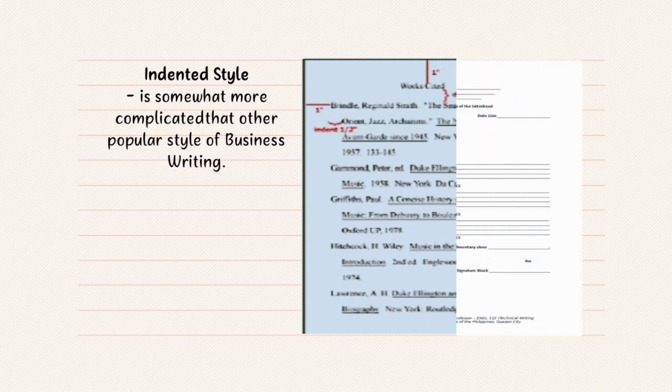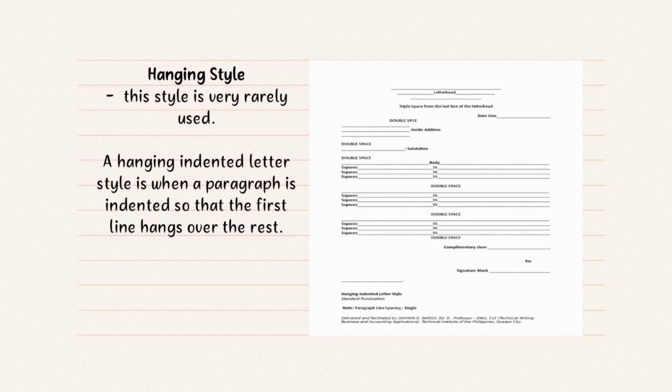So now let's proceed to the hanging style. This style is very rarely used. A hanging indented letter style is when a paragraph is indented so that the first line hangs over the rest. The first line is at the left-hand margin and the other lines of the same paragraph are indented 3 to 4 spaces.